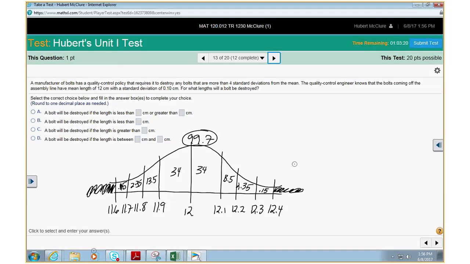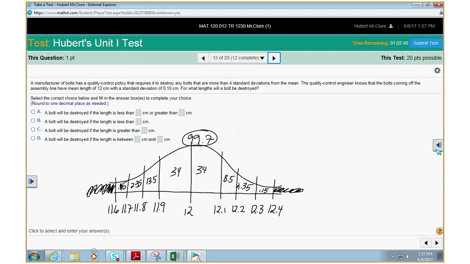The quality control engineer knows that the bolts coming off the line, and so on. For what lengths will a bolt be destroyed? Above or below 11.6, and above what? So that's what you need to do. A bolt will be destroyed if the length is less than 11.6 and greater than what? 12.4.